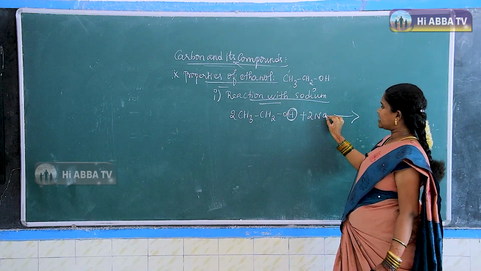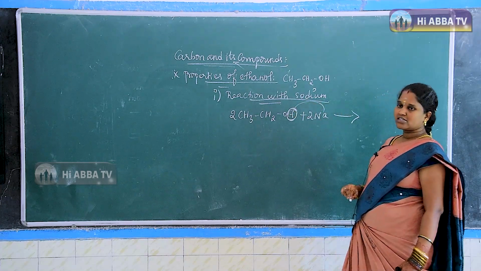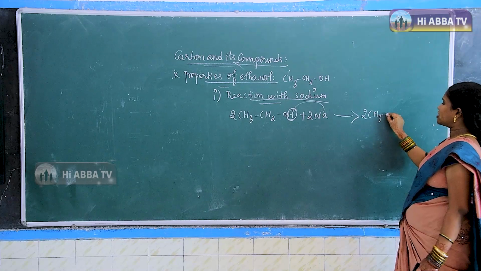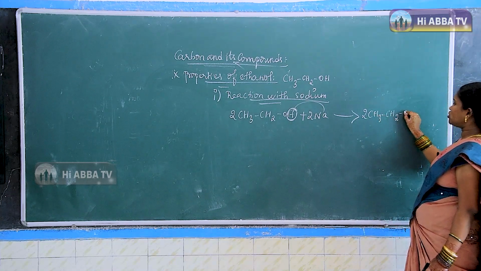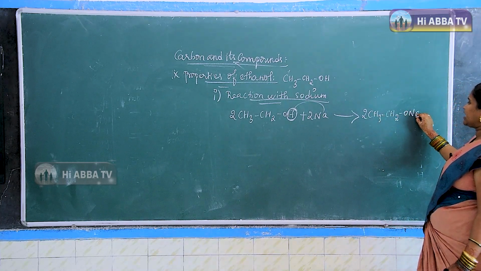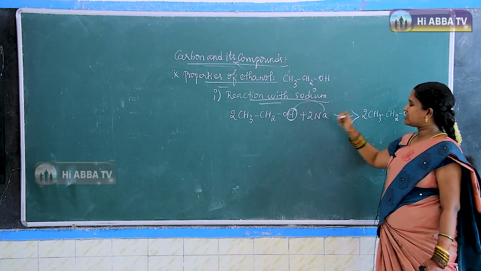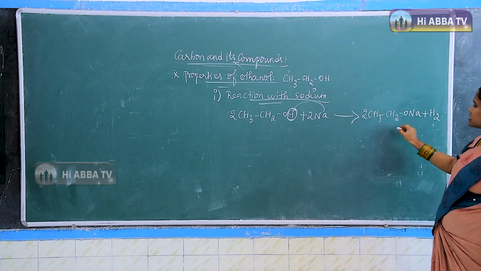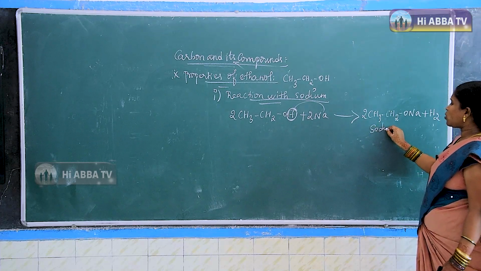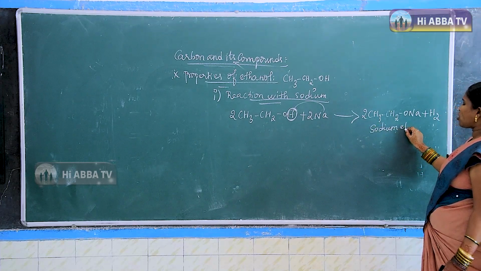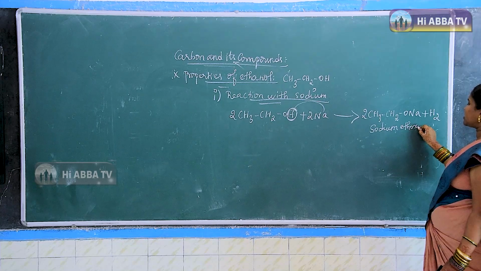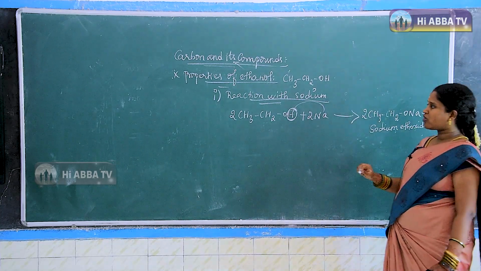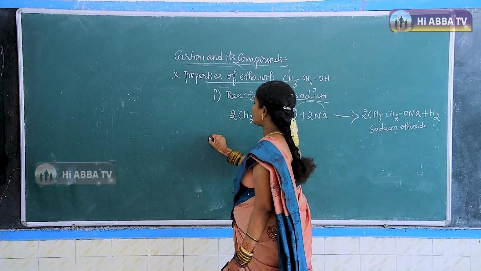Instead of this hydrogen, I am going to add this sodium. Now the formula becomes CH3CH2ONa, and the remaining hydrogen will be removed out, and it is termed as sodium ethoxide and hydrogen. This is one of the important 2-mark questions.